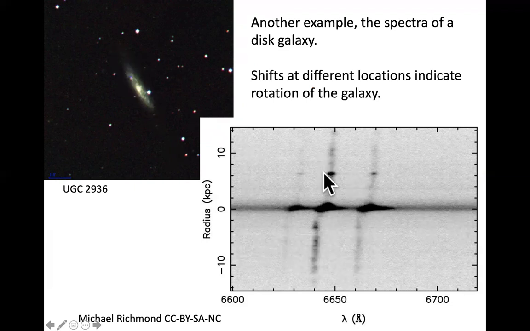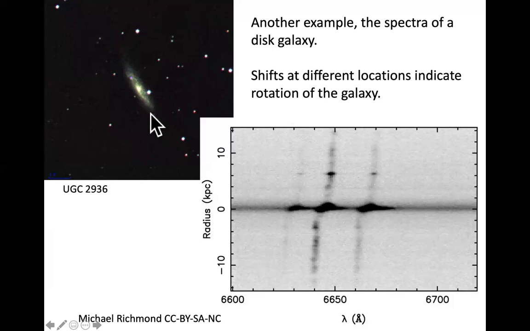This is the spectrum in this region. This is the spectrum up in this region. And what you will see is extra signal at particular wavelengths due to particular elements. I don't know which one exactly here, but what you can see is the wavelength shifts as you go from one side of the galaxy to the other.